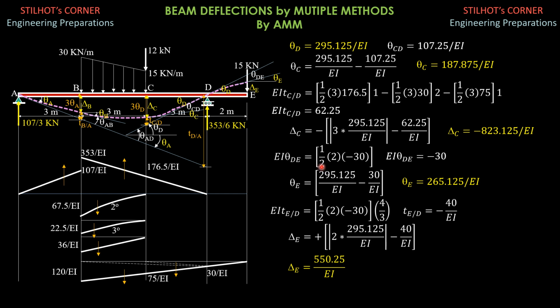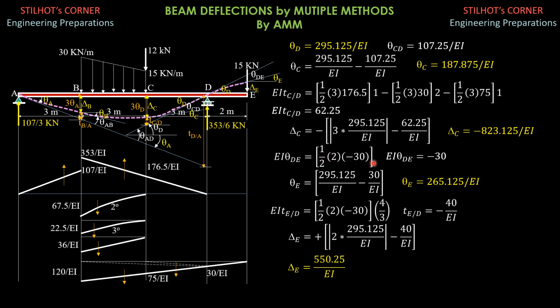Then the angle at E, our next target. To solve for the angle at E, we have to solve the angle between the tangents at D and E. So that is EI theta DE, the area between D and E. EI theta DE is 1/2 of 2 times negative 30.